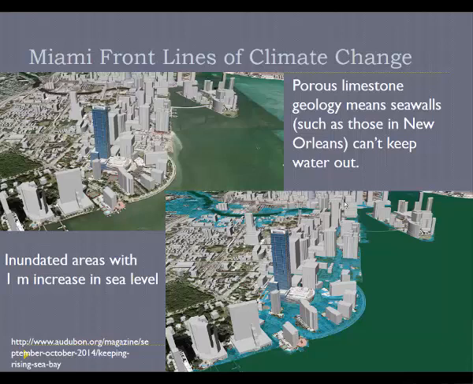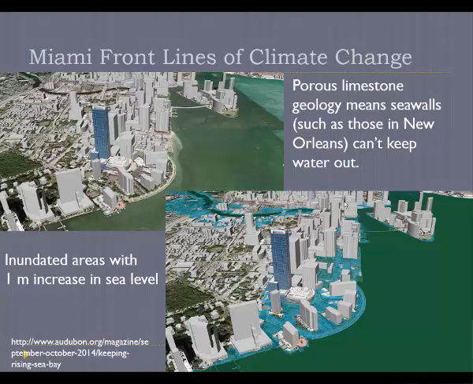One of the main problems experienced by a lot of these areas like Miami is that they are built on a certain kind of geologic material called limestone that's very porous. If you can imagine, limestone is often made from old corals that are cemented together. And if you've ever seen little corals, they have all these little holes in them.